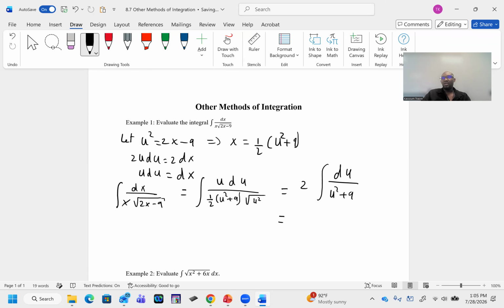So it will be 2 divided by 3 tangent inverse of u divided by 3 plus c. What is your u? Our u is 2x minus 9. So it will be 2 divided by 3 tangent inverse of 2x minus 9 divided by 3 plus c.